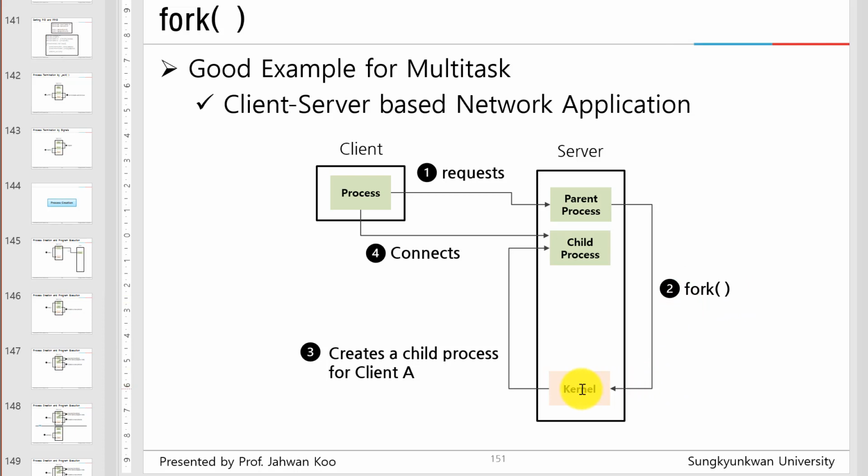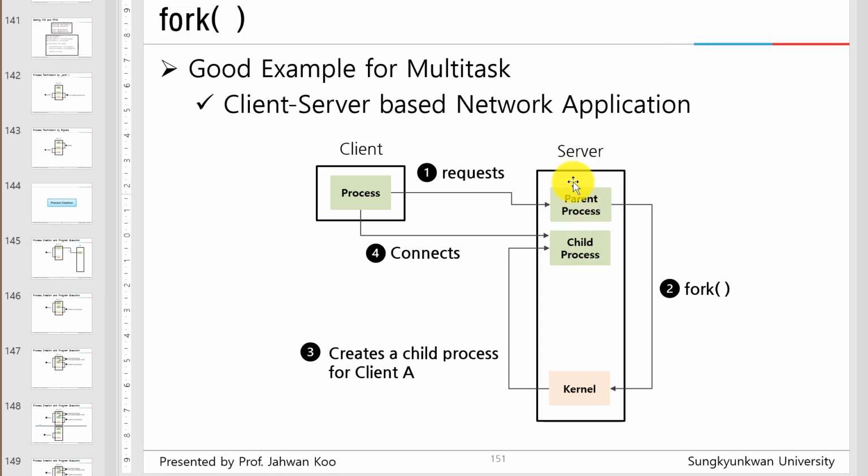In step 3, the kernel receives the fork system call and creates a child process for client A. In step 4, the client A can connect to the child process. In parallel, the network server process continues to listen for other client connections.